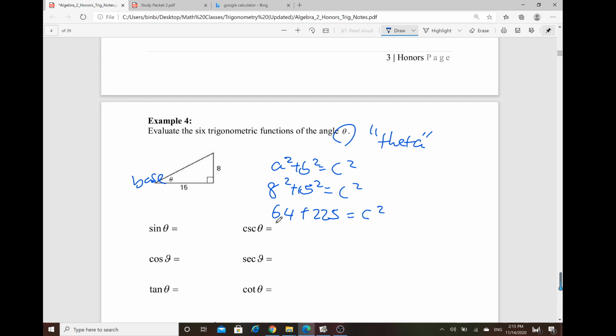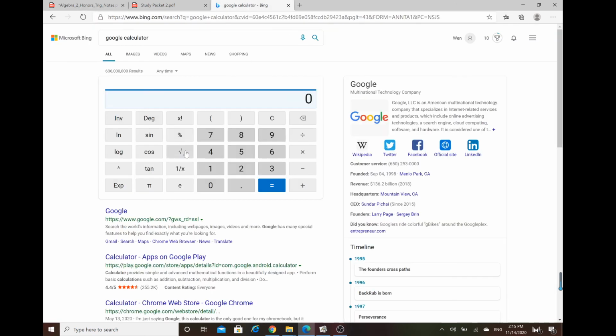Combining them, that would be 289. And the square root of 289, I'm not quite sure what that is. You can always use the Google calculator. It's 17, a perfect square number.